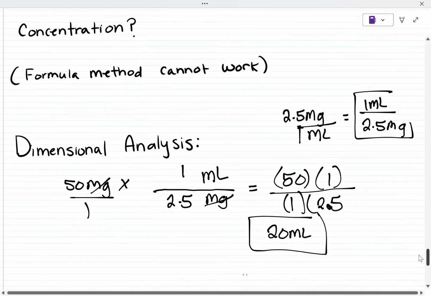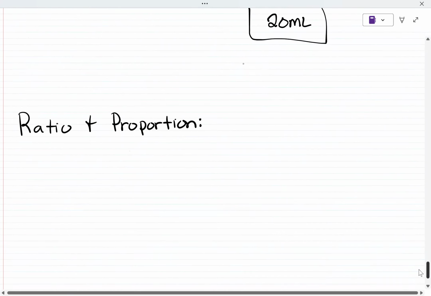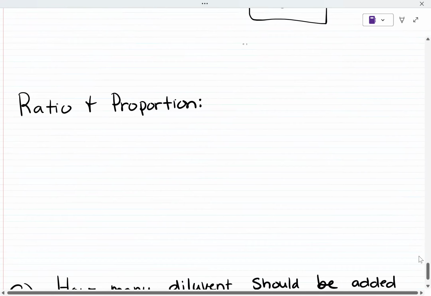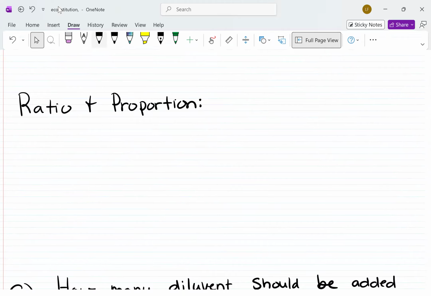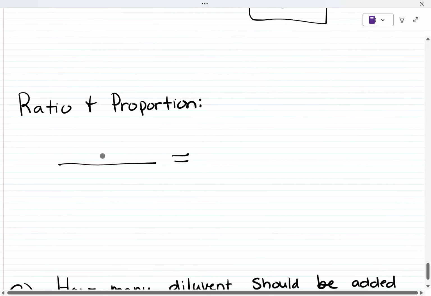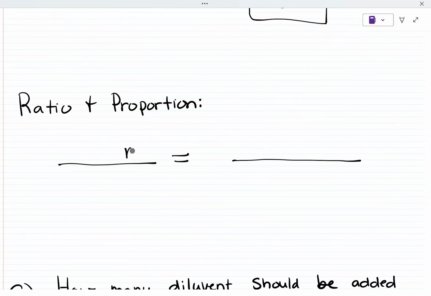Okay, let's do the last part C. Oh, wait, we can do this using ratio and proportion. Okay, so ratio and proportion would be fraction here, fraction there. And then we were given milliliters and milligrams.